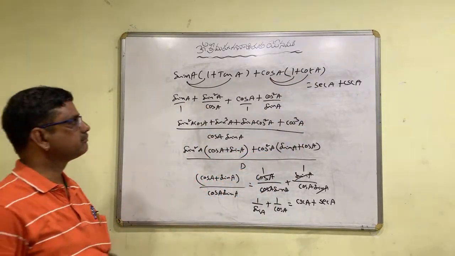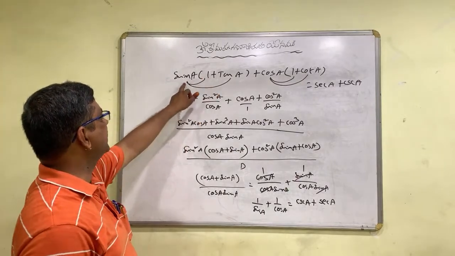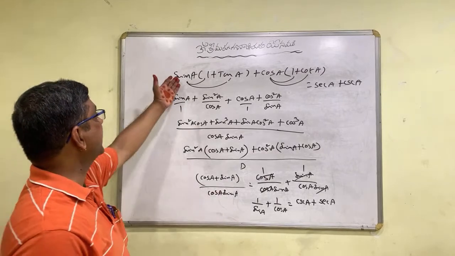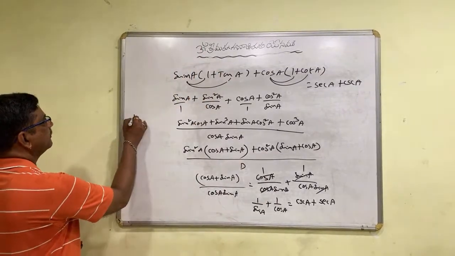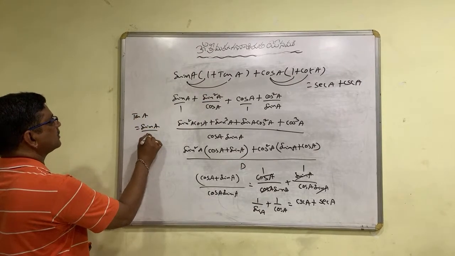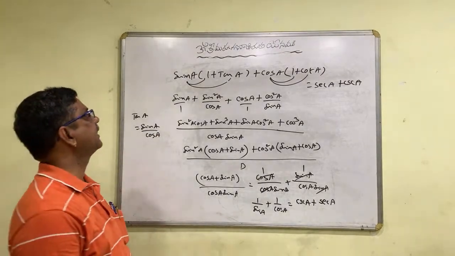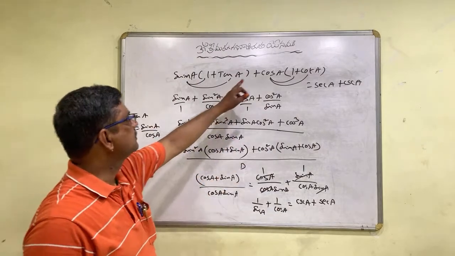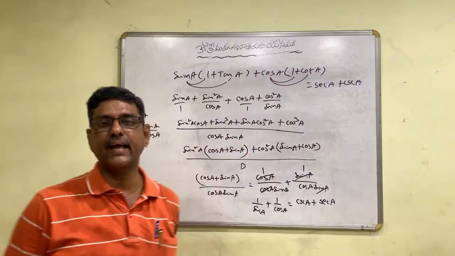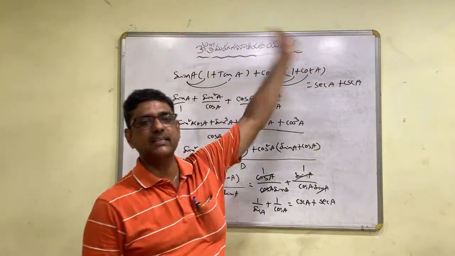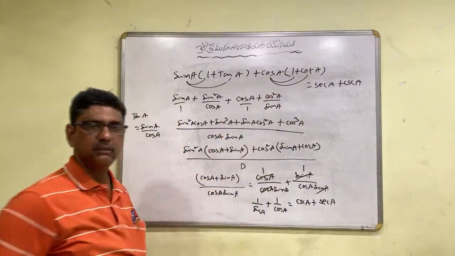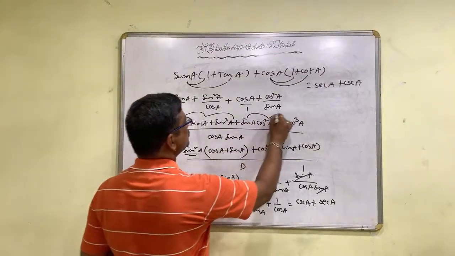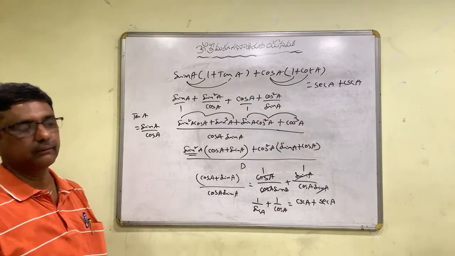Sin A into 1, sin A into tan A. We know tan A is sin A by cos A. So sin A into tan A we can write as sin square A by cos A. Plus cos A into 1, cos A, and cos A into cot A. And cot A we know is cos A by sin A. So cos A into cos A by sin A, cos square A by sin A. Then taking LCM, and taking common factors from these two, we need to take sin square A common, and from these two we need to take cos square A common.